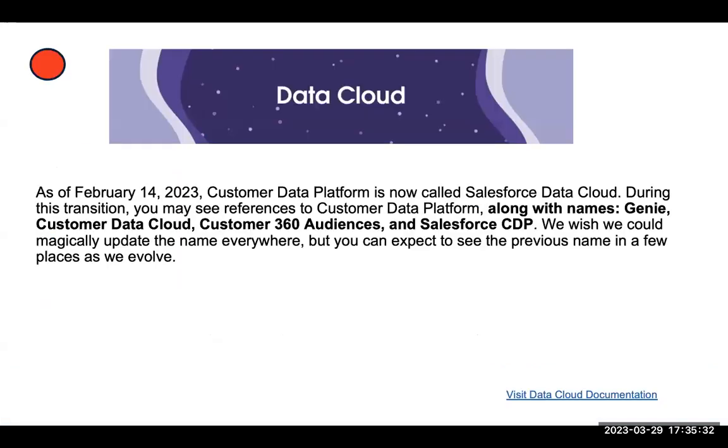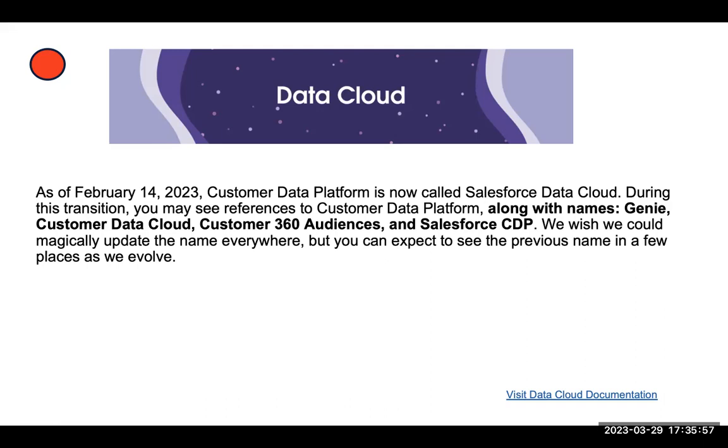So let's go ahead with a small introduction. I know you're seeing the same slide for a couple of sessions, but I would love to reiterate once again, because new audience have been joining our sessions. As of Feb 14th, our customer data platform is now called Data Cloud. During the transition, you may see some references to customer data platform, along with some other existing names such as Genie Cloud, Customer 360 Audiences, and Salesforce CDP.